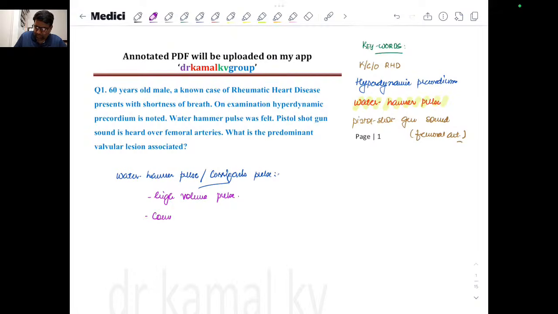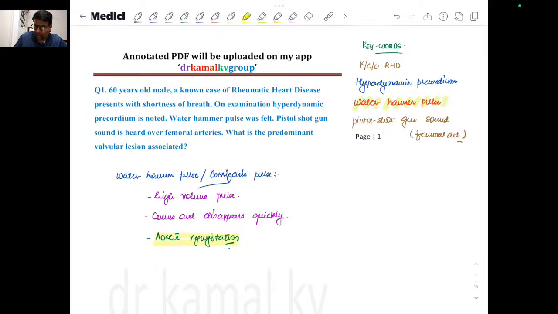So it comes and disappears quickly, and this is very classical for aortic regurgitation. Clear?